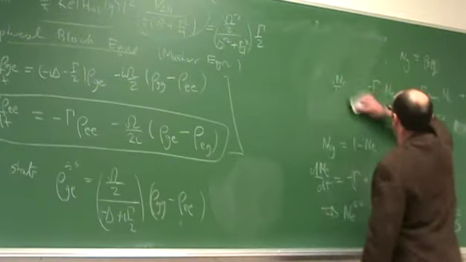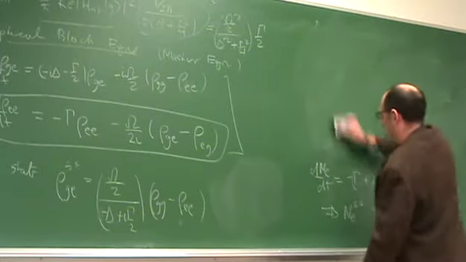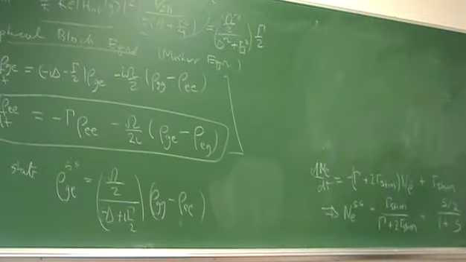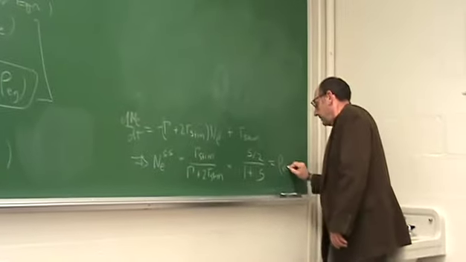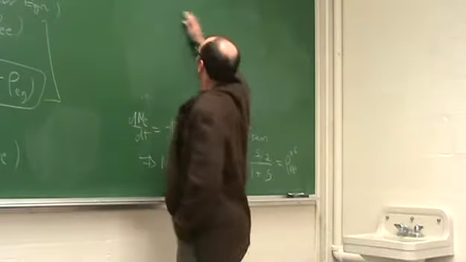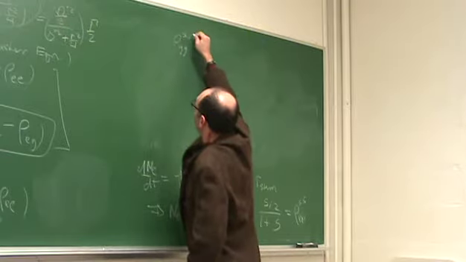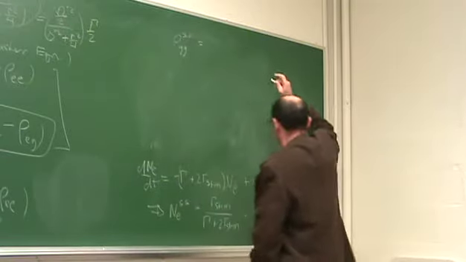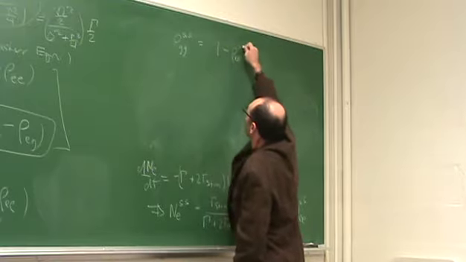So let's write a few more things down. This is rho EE in steady state. Rho GG in steady state is equal to 1 minus rho EE.